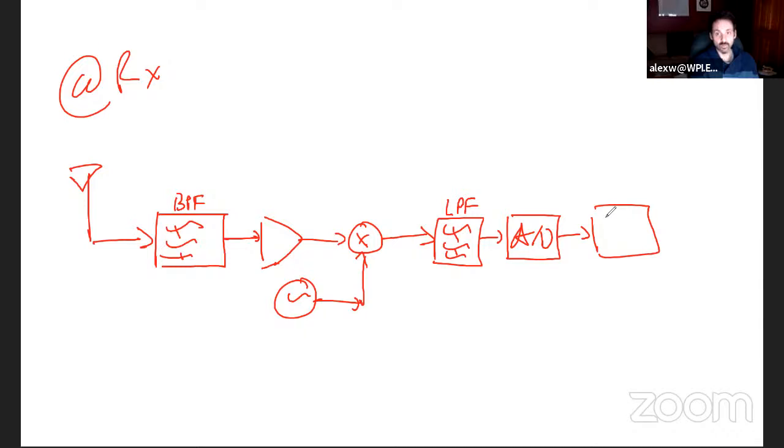We might also want to do equalization, an equalizer, so we try and extract out any sort of imperfections introduced by the channel. Remember, this is the receiver. So equalize, demod.